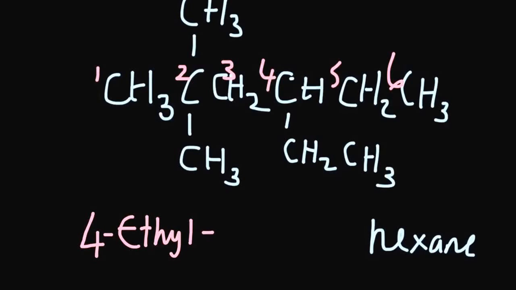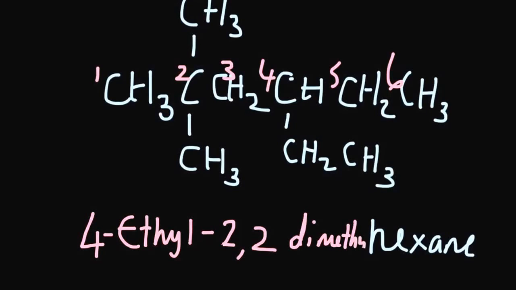Okay, remember, separate words and numbers by a dash. And then we're going to have, off carbon 2, 2 methyl groups, so it's going to be 2,2-dimethyl hexane. Apologies for my writing.